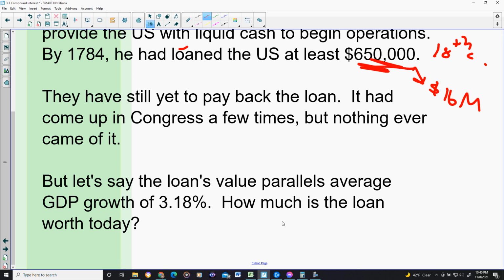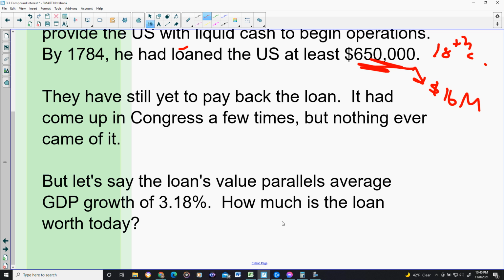So the loan may have an interest rate, but we don't know what that is because we don't have the documents. So let's say that the loan's value parallels average GDP growth of 3.18%. Over the course of the last 2 centuries, that's how much the economy has grown on average per year.